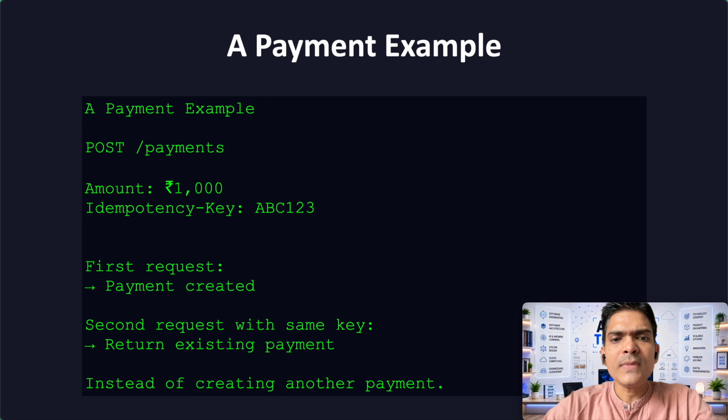Now, if the client retries with the same idempotency key, the server recognizes it. Instead of creating another payment, the server returns the existing payment response. The idea is simple: the same key means the same logical operation. So we return the same result instead of executing again.